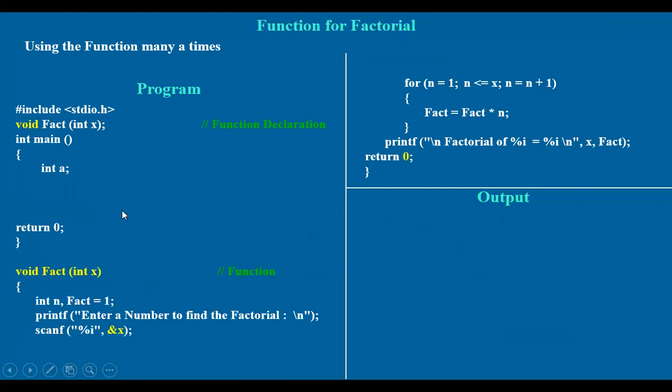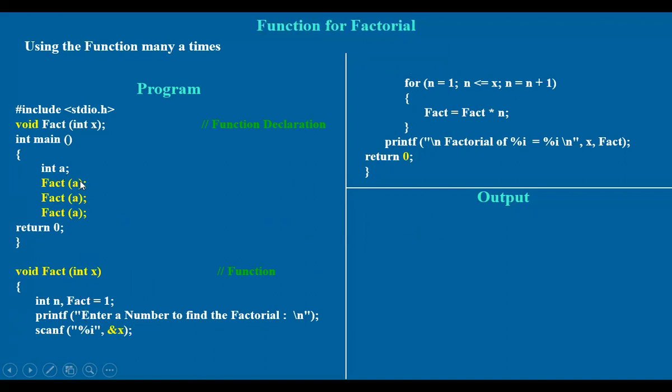Suppose I don't want to enter any value here from the main program. So what happens? I just call the function 3 times with the variable here. A variable is declared, and this variable is passed to the calling function. Now, here the function is the same, nothing new.